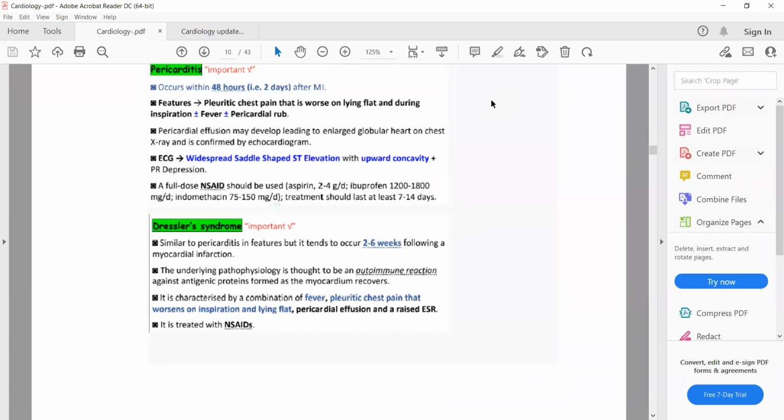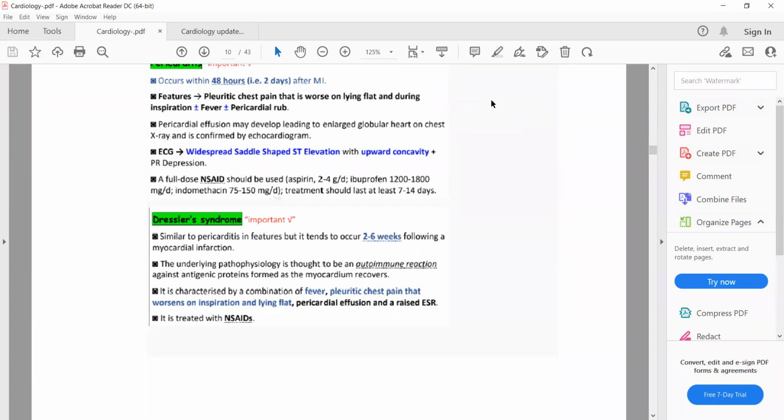Dressler syndrome is basically an autoimmune reaction against antigenic proteins that are formed as the myocardium recovers after MI.